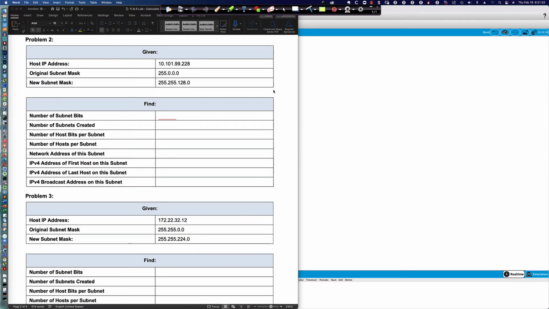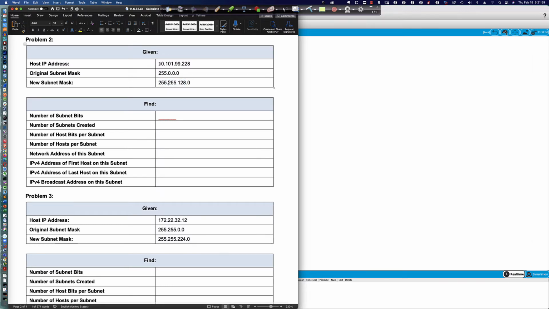And so here we are looking at problem number 2, and we can see that we have a Class A address. However, the subnet mask is not that very friendly and familiar /24 or greater, right? So /25, 26, 27, where we're very familiar with those because that's what we've been working with.